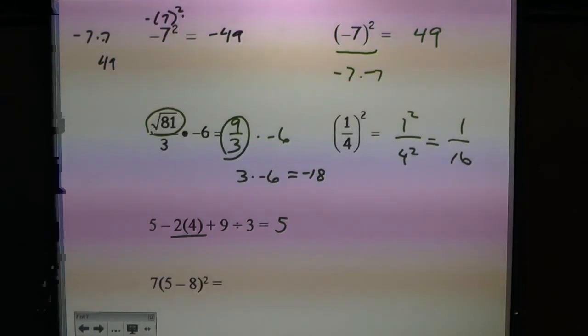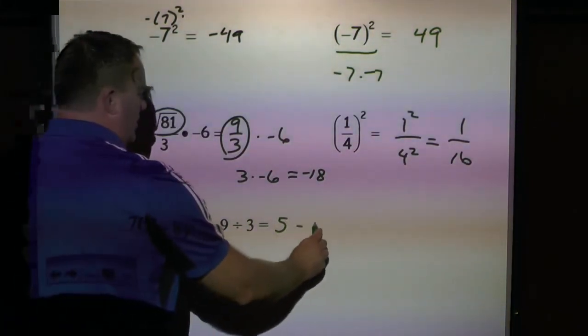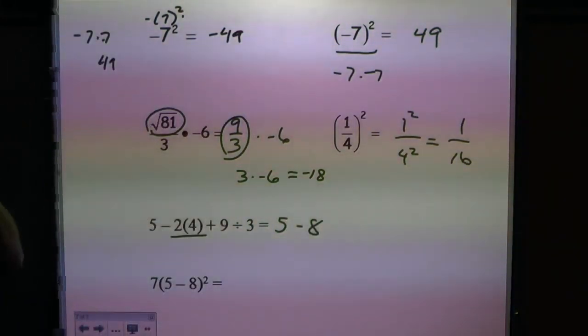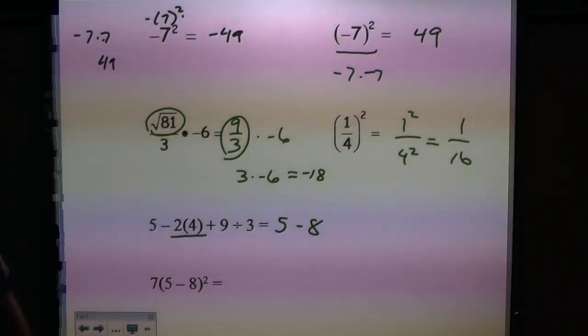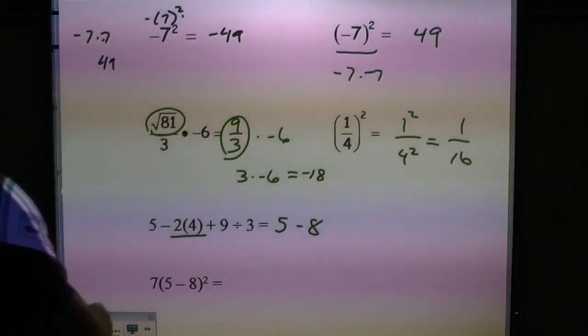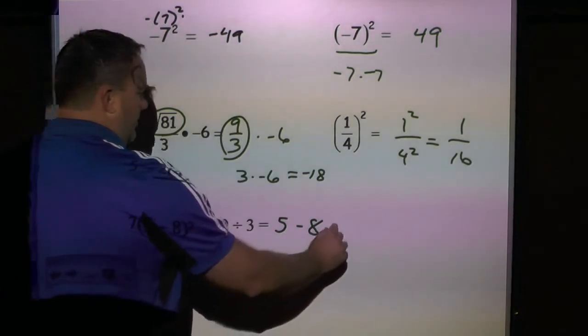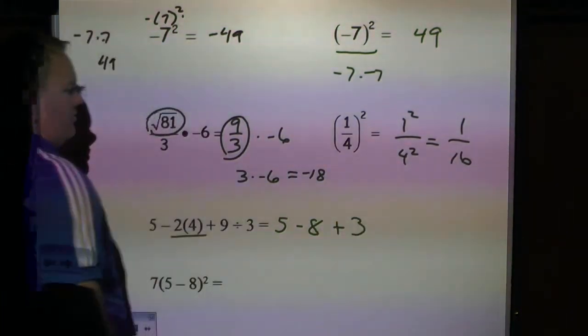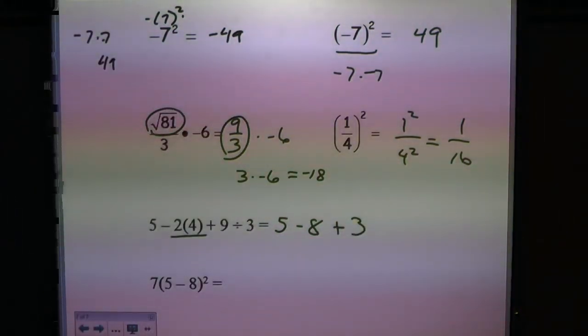But you're going to do -2 times 4, which is -8. Minus and a negative are very similar. It's the same idea. Then you have 9 divided by 3, which is +3. So that's why we write +3.